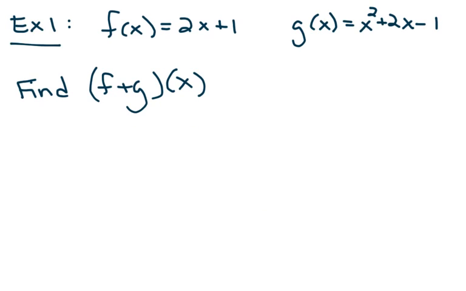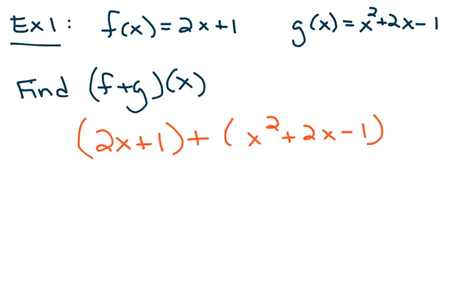So let's add two polynomials in this first example. If f of x is 2x plus 1 and g of x is x squared plus 2x minus 1, all you're doing when you add them is this. Notice the parentheses. Adding two polynomials was just adding like terms. So 2x from the first polynomial is a like term of 2x from the second polynomial.